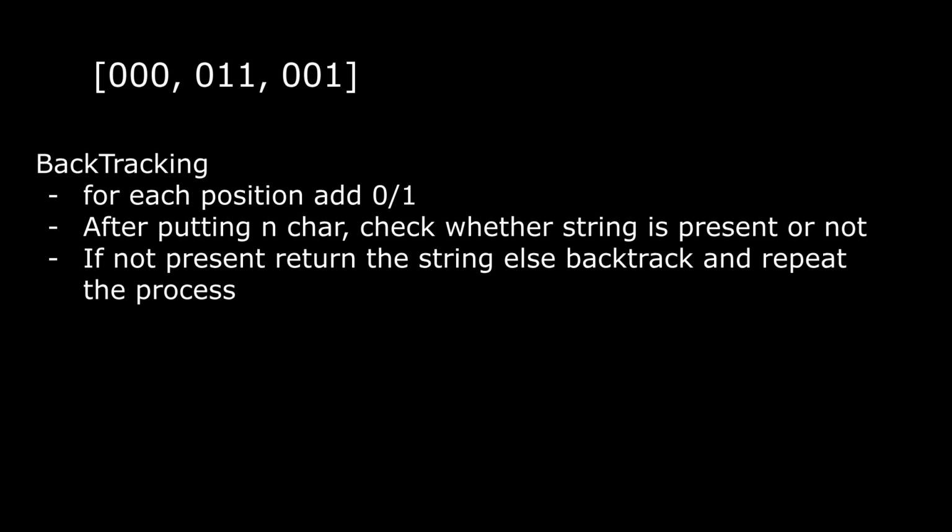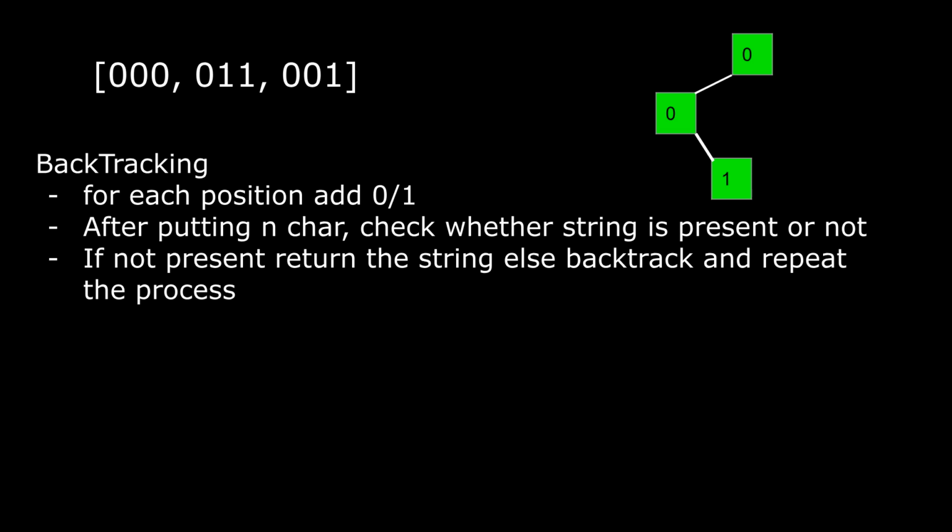For this example, let's look at the first iteration. First, we add 0, again 0, and after that again 0. After completing these 3 characters, we check whether 000 is present in the array. Yes, it's present, so we backtrack, and in the last index we add 1.